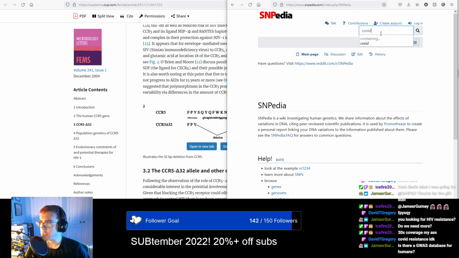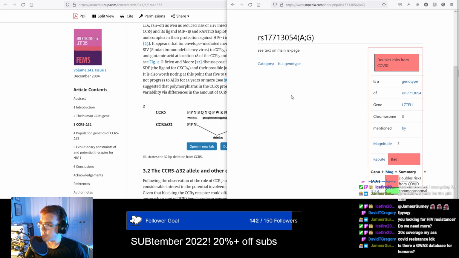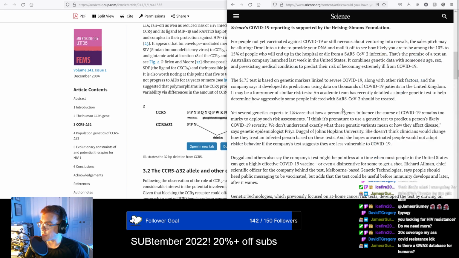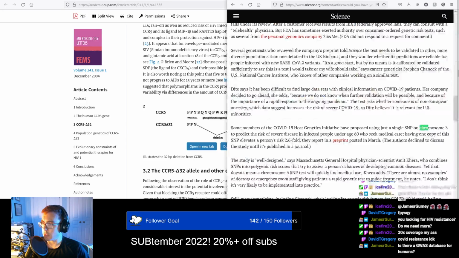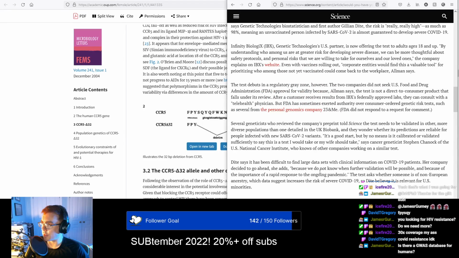Let's check this one out. Oh, actually, this might be the same one because I saw chromosome 3. Having one copy of the SNP elevates a person's risk 2.6-fold, according to a preprint. But what is the actual mutation?